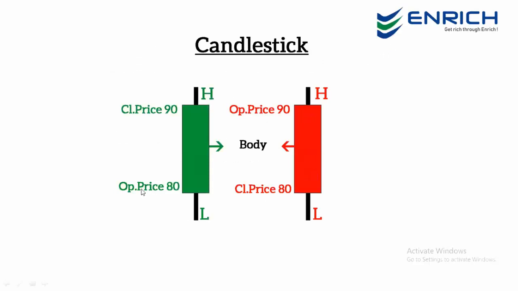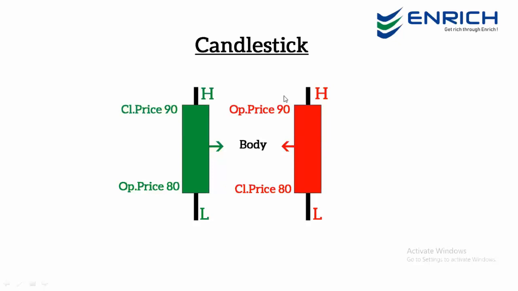The green candle, or we call it the bulls, opens at the bottom. The opening price starts at the bottom and the closing price is at the top. It's just the opposite for the red candle, or the bears. The opening price is at the top and the closing price is at the bottom.